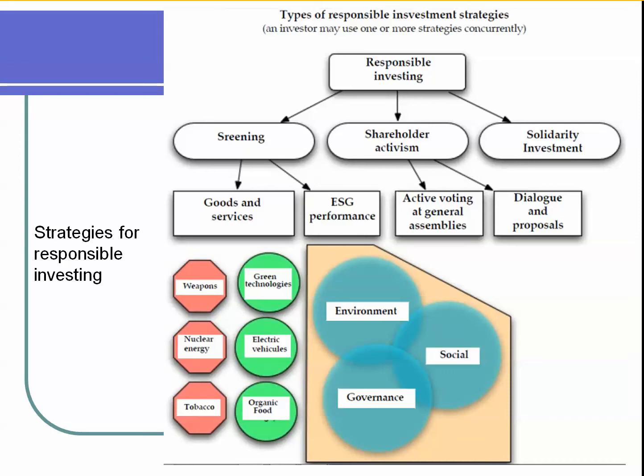If you want to screen based on ESG performance, then you'll try to score companies based on their ESG performance, and you will decide to include companies with better scores and to avoid those with less interesting scores. So you can even go in fields that, let's say, like fossil fuel energy.